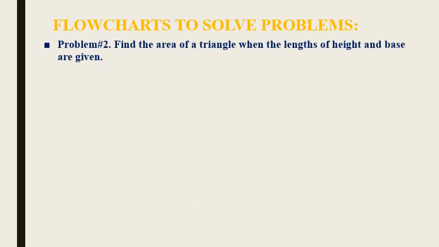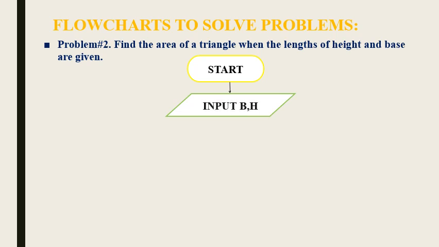Now we have another example. Find the area of a triangle when the length of height and base are given. First of all, we use the start symbol, start, then flow line, then again use the input for the base and height.